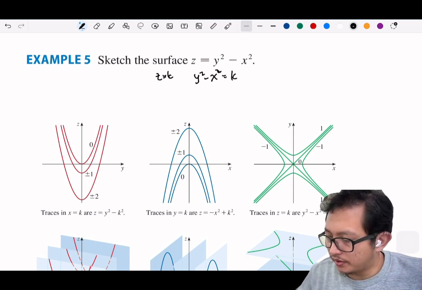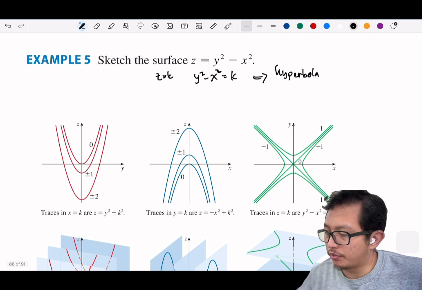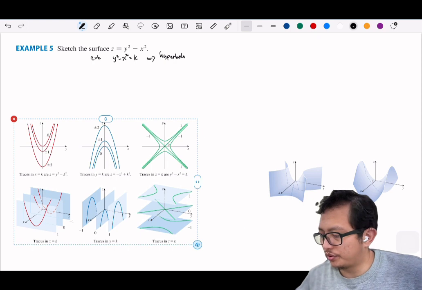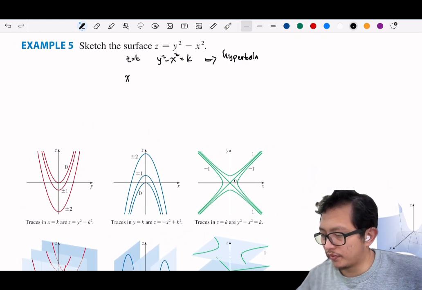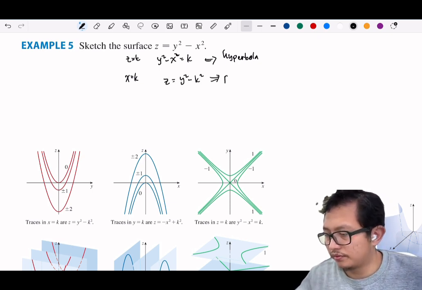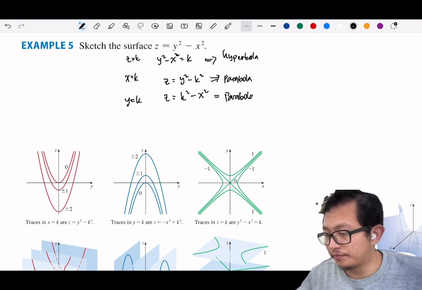So let's start from z equal constant. So we have this, and if k is 1, then it will be a hyperbola. We could understand from here. And when x equal k, this will be a parabola. And when y equal k, this will be another parabola.